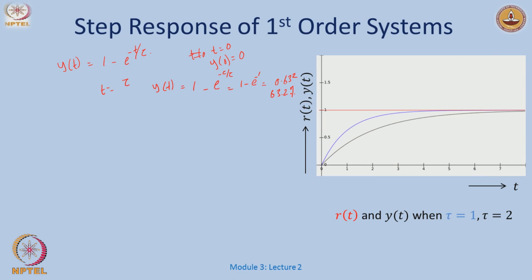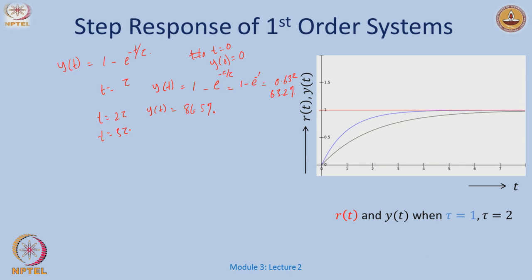So, what I could observe here is, let us say, what happens at t equal to 2 times tau: my y of t would be 86.5% of the final value.